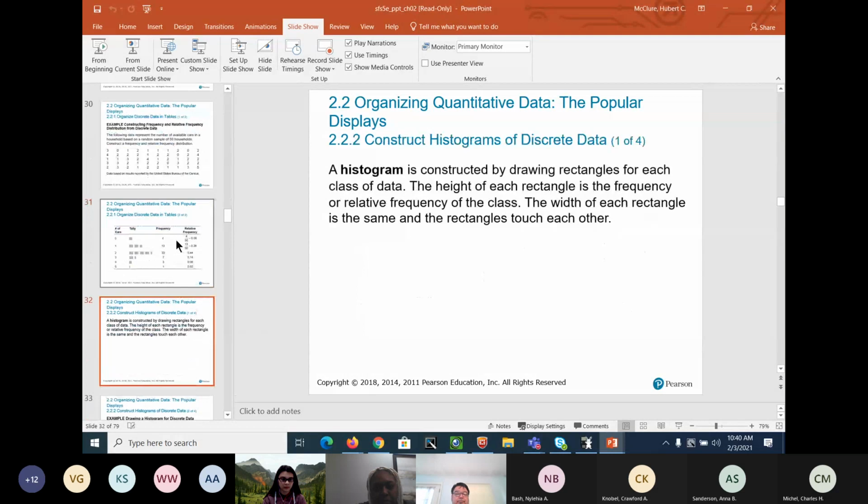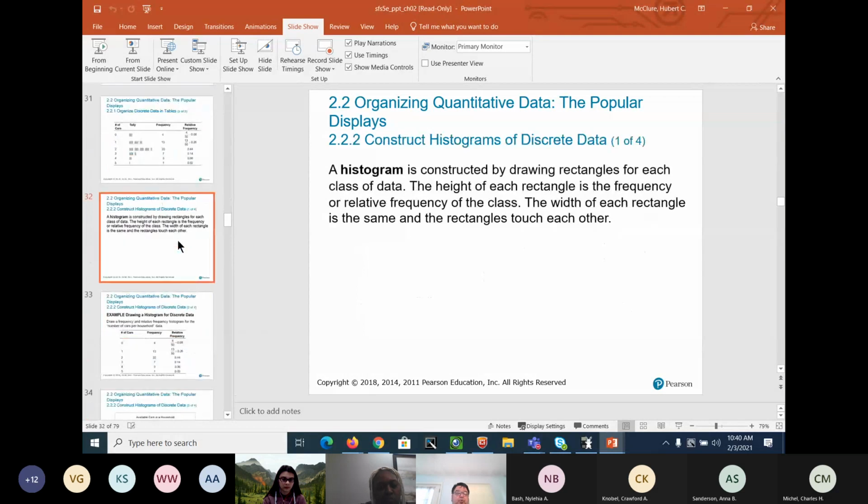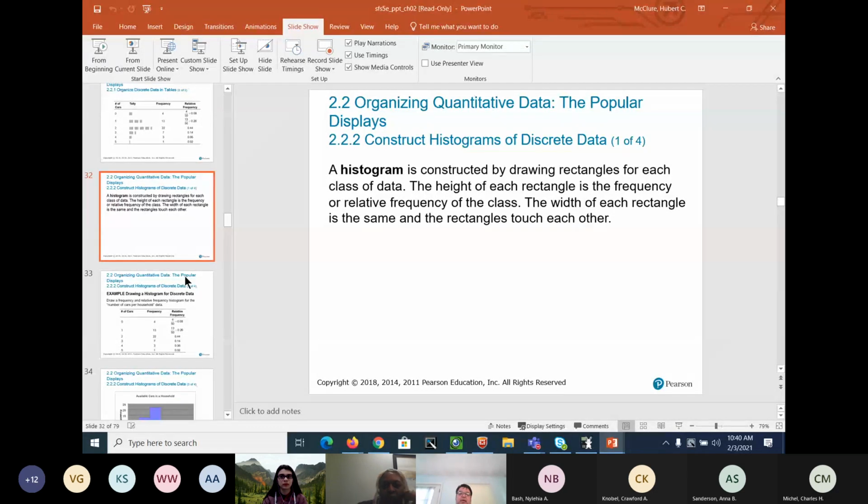A histogram. Now, if you read that definition, you don't have to read it, you don't have to write it. It's really a joke because the difference between a histogram and a bar chart is that the boxes touch each other on a histogram. And you can actually see that right there. That's it. That's the difference.